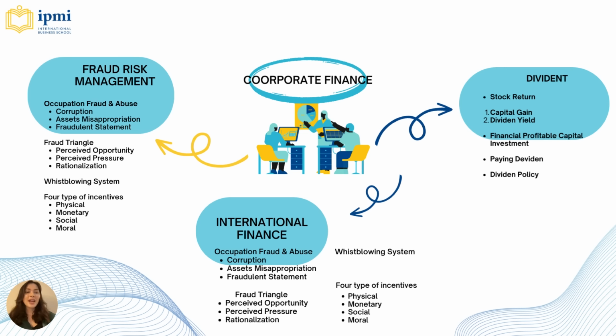And here we also have the fraud triangle, which is perceived opportunity, perceived pressure, and rationalization. But we can prevent that using the whistleblowing system. And we also have the four types of incentives, which are physical, monetary, social, and moral.